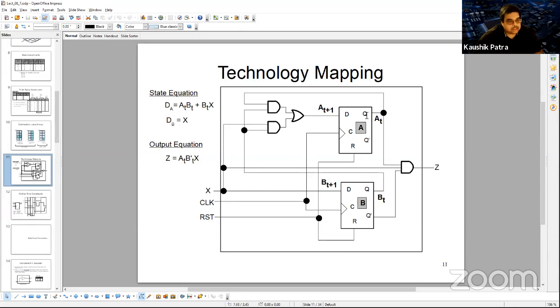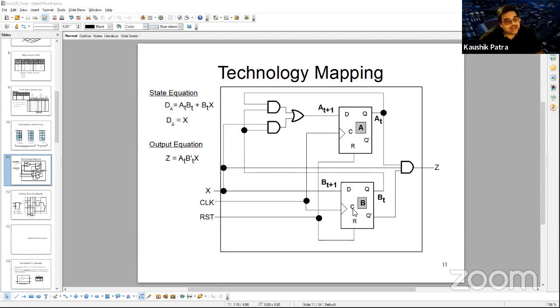Now, that state will give some value around your A(t+1), which is the input to flip-flop A, and B(t+1), which is the input to the D flip-flop of B. These two are basically the outcome of the combinational logic between these state variables and the incoming inputs.